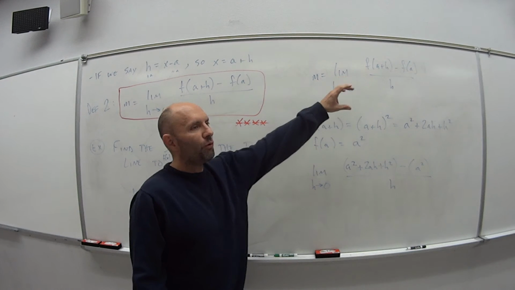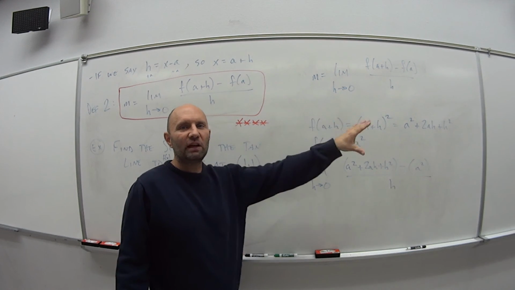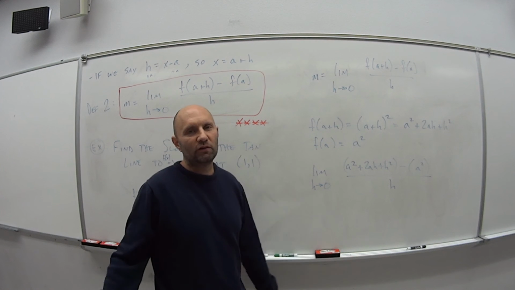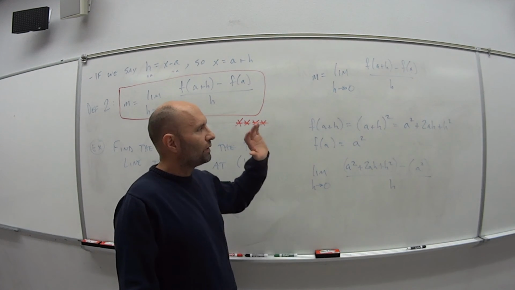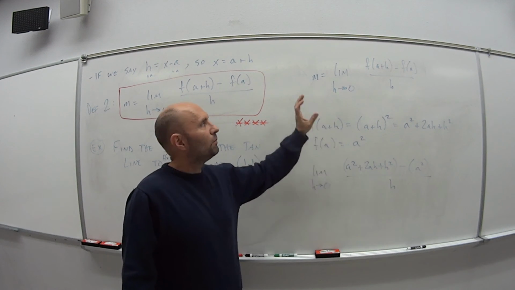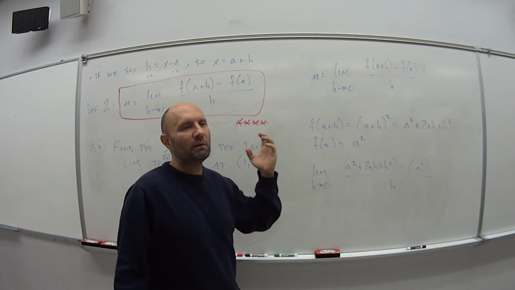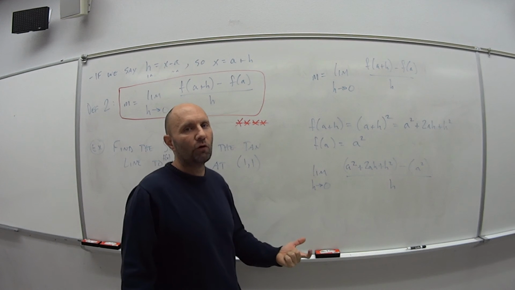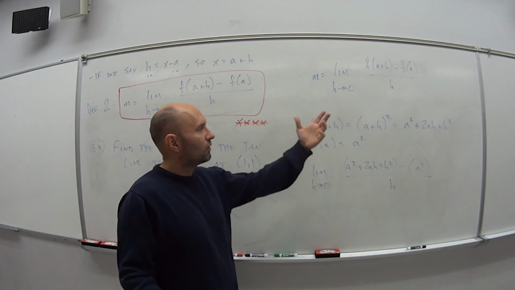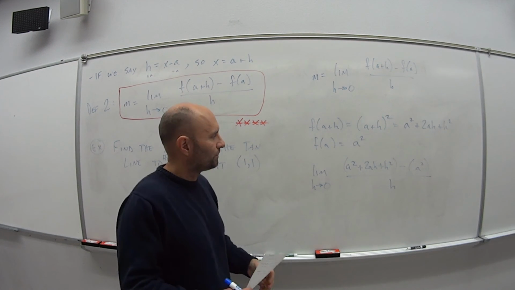And if at some point in the process you made one mistake with a negative sign, the entire rest of the page is really just wasted time and wasted work. So in this situation, this one's not too bad, but as these get more and more complicated functions, you got to be ultra careful with how you're distributing negative signs and how you're figuring out quantities squared, things like that.